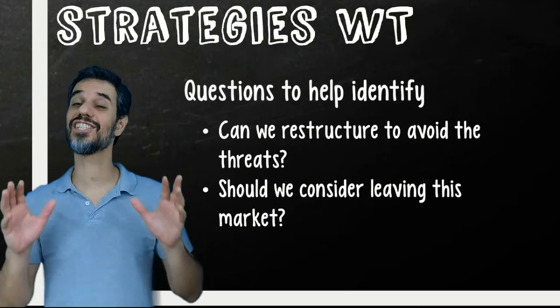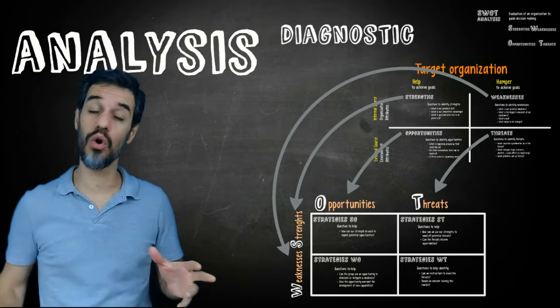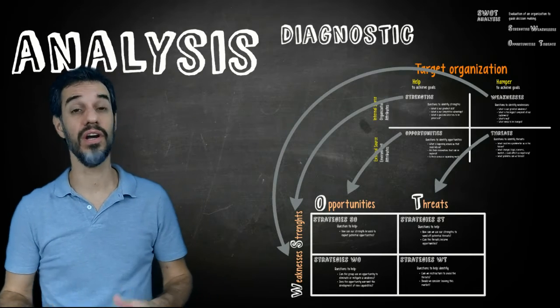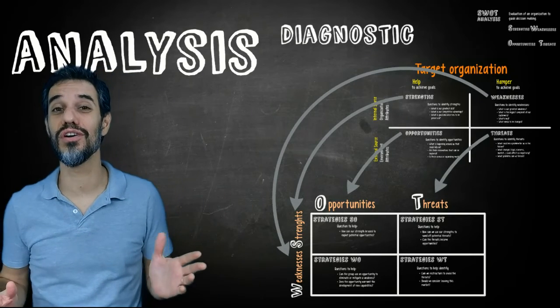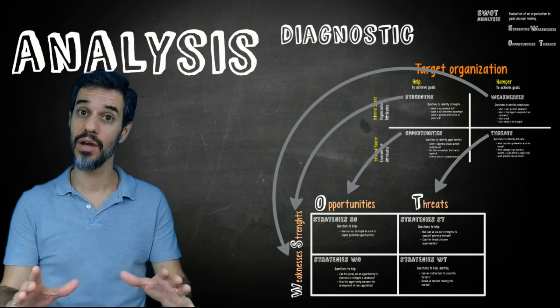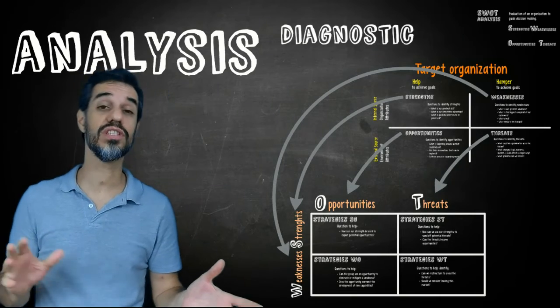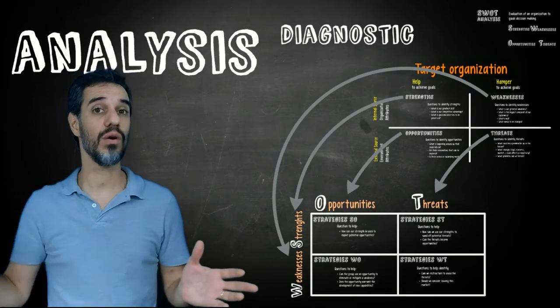The SWOT analysis technique may help you to see your company as a whole on a single sheet of paper, or on two single sheets of paper. In the first one, you are going to create a diagnostic where you see your strengths, weaknesses, and the opportunities and threats that are around you.